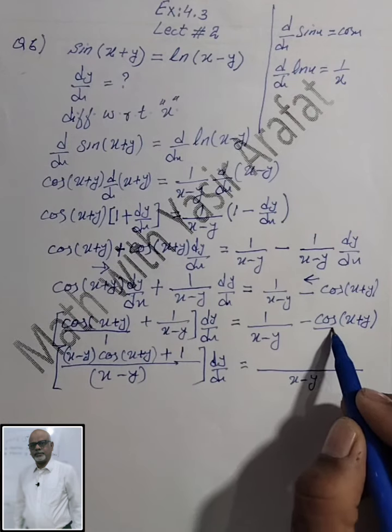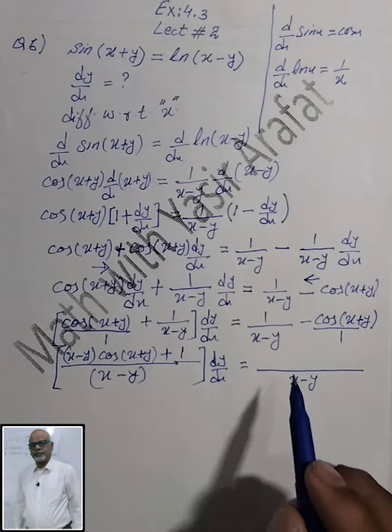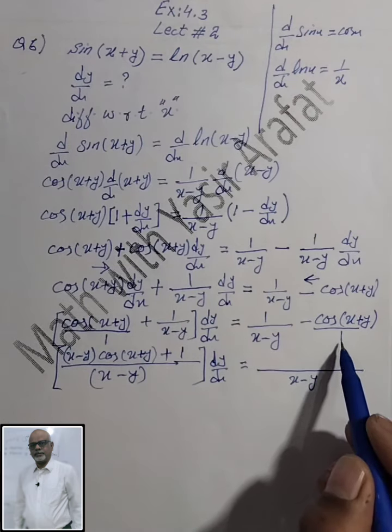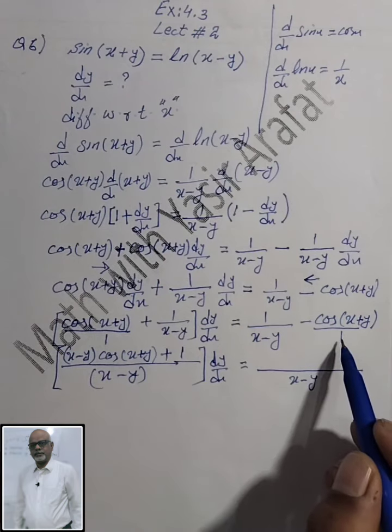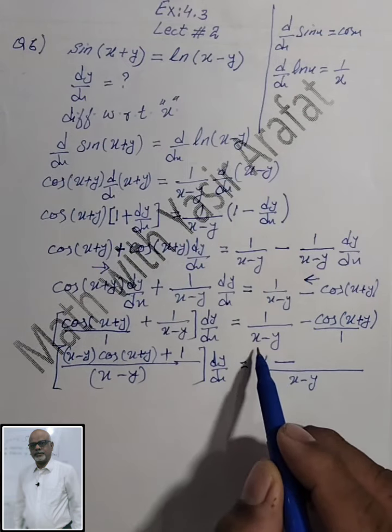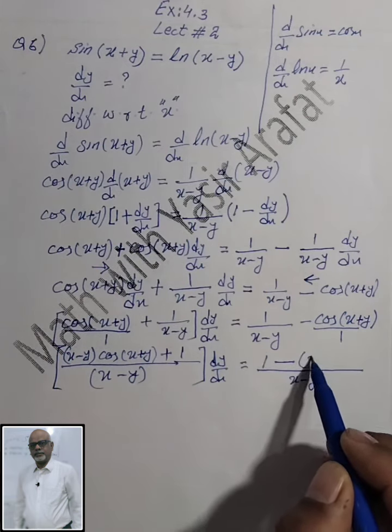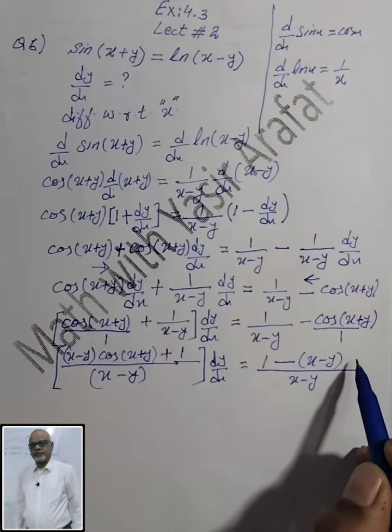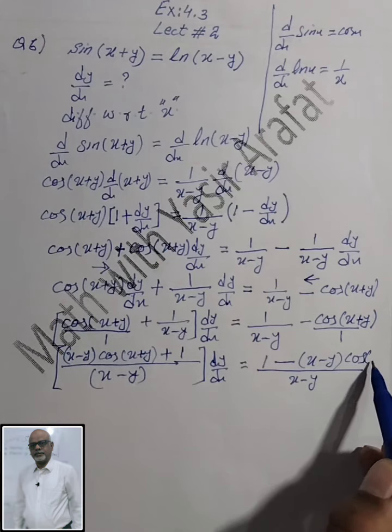So here it is 1, x minus y will multiply by 1, that will be x minus y. So this 1 multiplied by this one remains the same, minus (x minus y) will multiply by cos(x plus y).